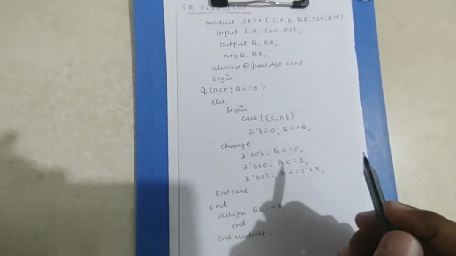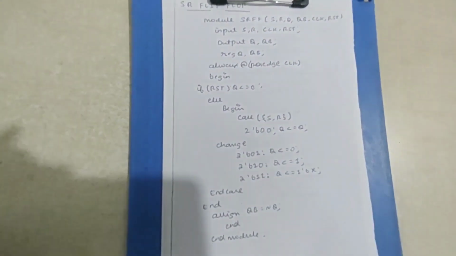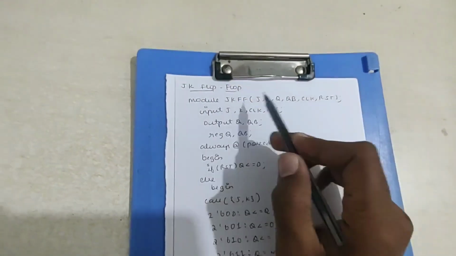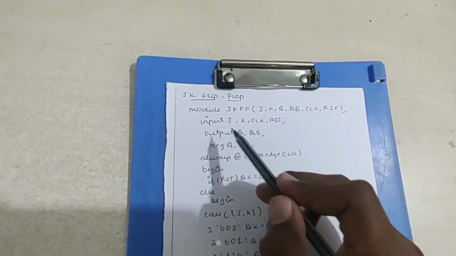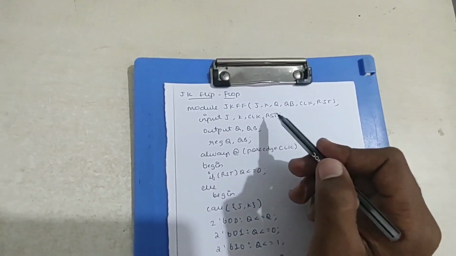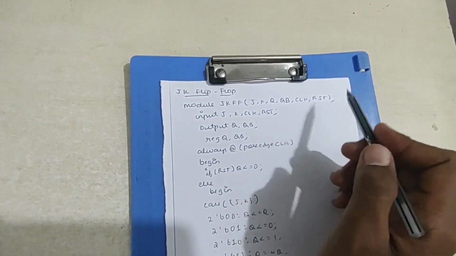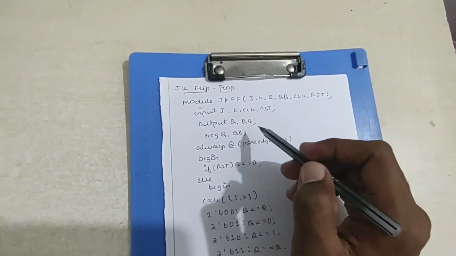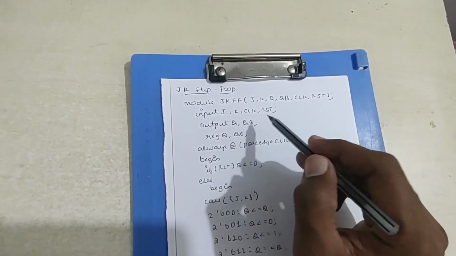Now we shall start discussing the JK flip-flop. The module JKFF has inputs J, K, CLK and RST and outputs Q and QB.